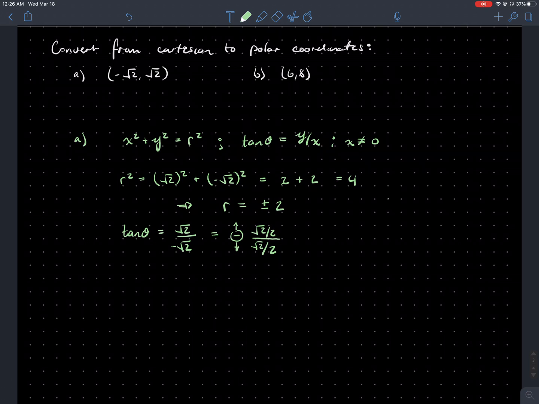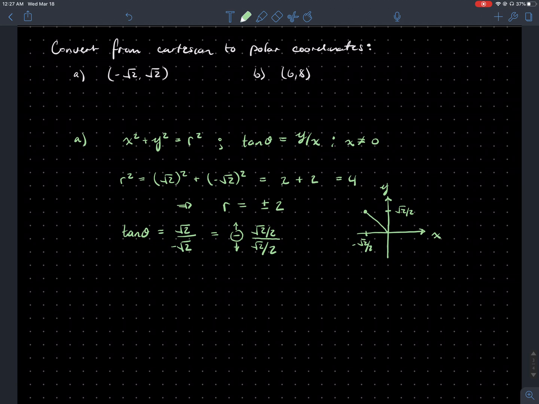Okay, so if we were to analyze this a little bit, we'd have x and y, and if our negative is in the denominator, it means it would be going up by square root of 2 over 2, and to the left by square root of 2 over 2 till we get here.